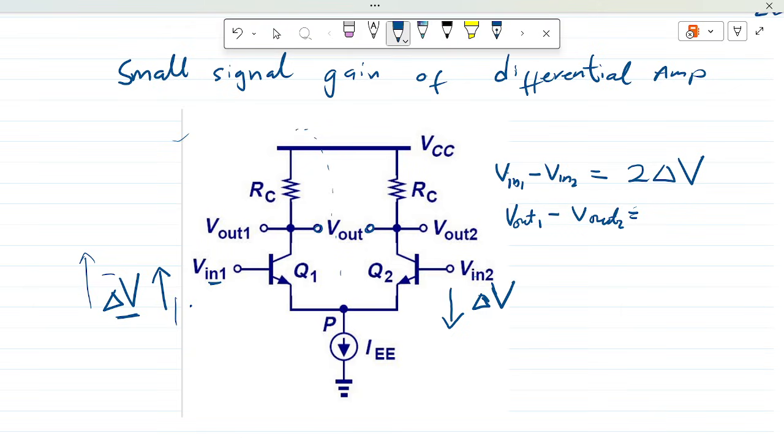All right, so what happens when the signal changes by a small value delta?